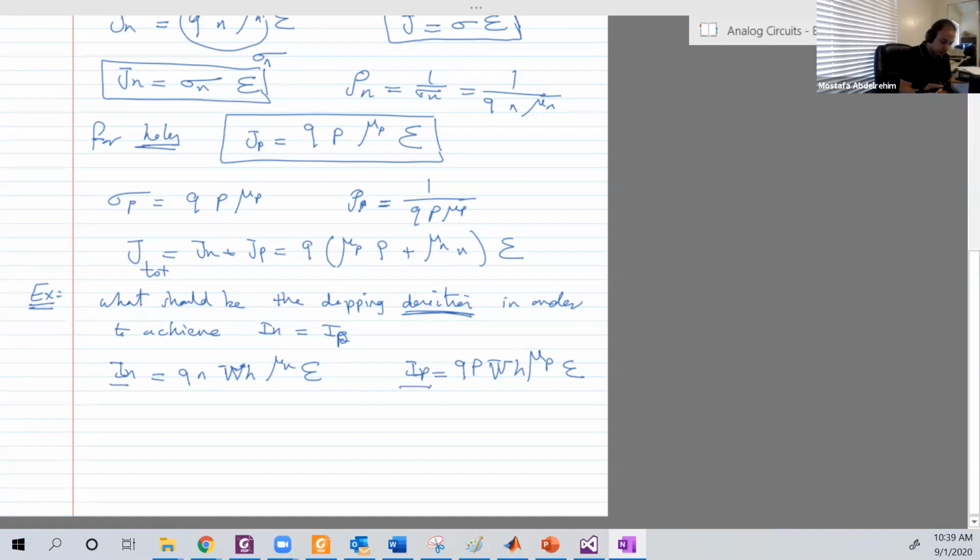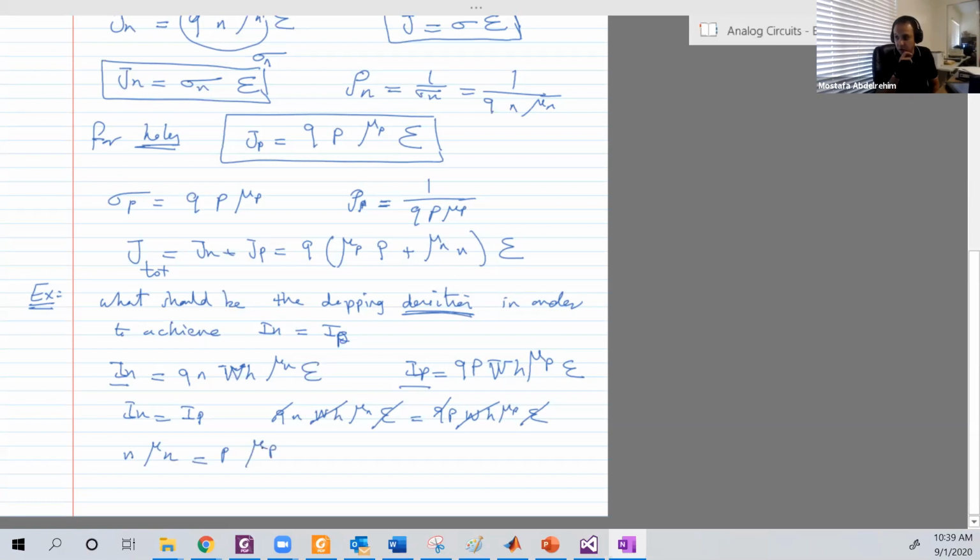It's fine. So we want I n to be equal to I p. So q n W H mu n epsilon equals q p W H mu p epsilon. W H goes with W H, q goes with q, epsilon goes with epsilon. So n mu n equals p mu p.